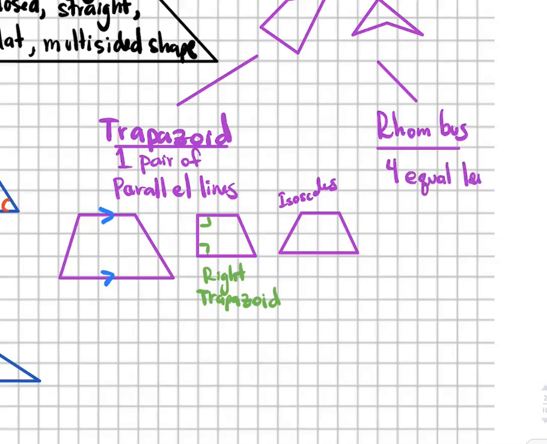So all the sides are going to be equal length. A lot of people refer to this as diamonds. So this side, this side, this side, and this side, they're all the same length. That's all it needs to be.